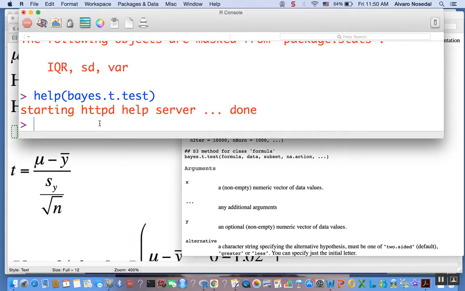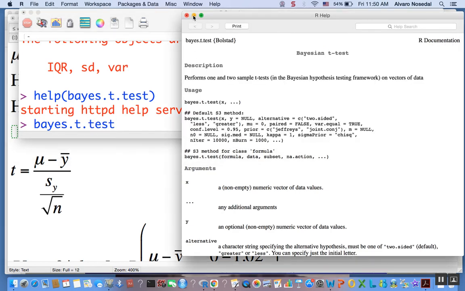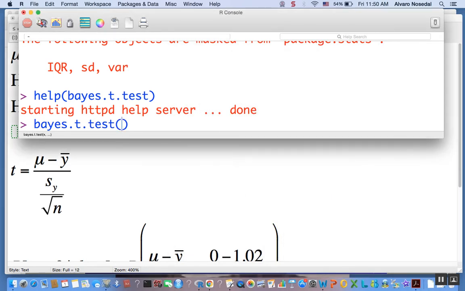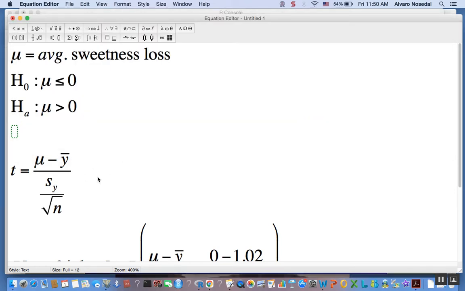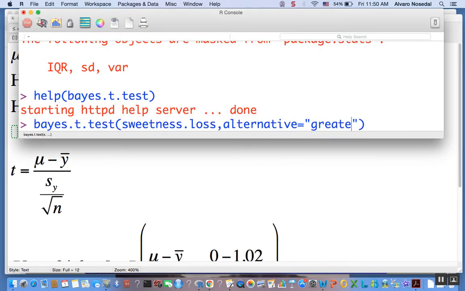Here we go. So base.t.test, and then we have sweetness loss. We have the alternative. In this case, the alternative is greater. What else do we want?